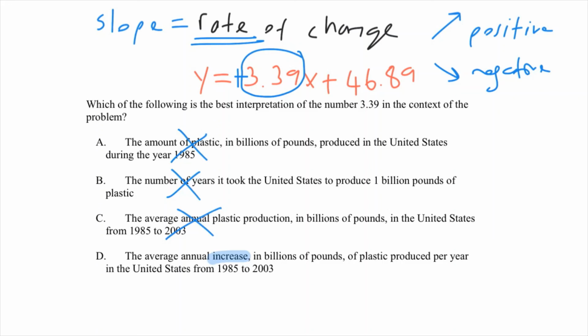It's not about the amount of plastic produced or the number of years. It's about the average annual increase. I see a positive slope, my line of best fit is going up, and my keyword is increase. That's why it tells me the slope for this equation. So that's why D is my correct answer. Thanks.